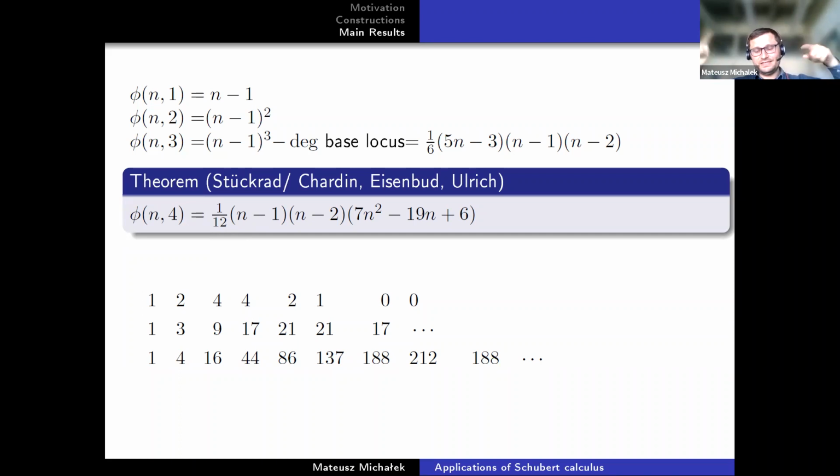And in that ring, if I do certain multiplications, I will get a number, and these are those numbers. And these numbers have interpretation in those different branches of science. But what makes it the most powerful tool is that these numbers are exactly coming from computations in the cohomology ring of the variety of complete quadrics. I don't know if this answers the question, or maybe I can do better.